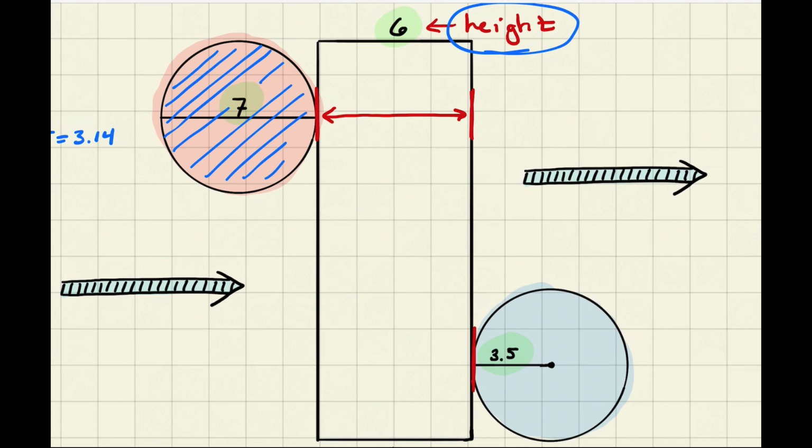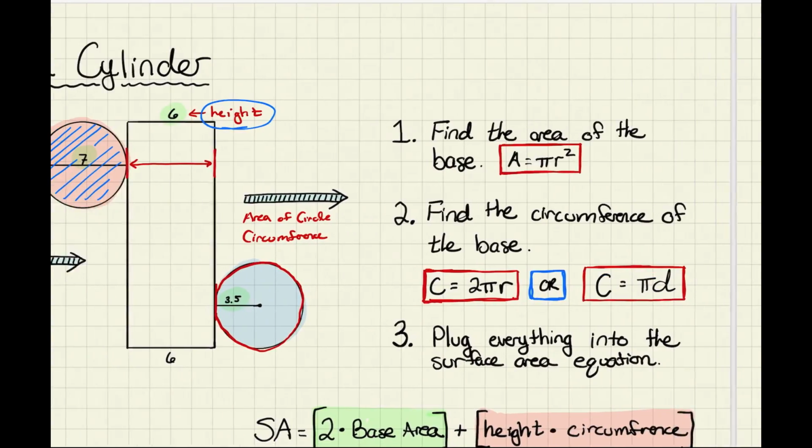We're going to need to visit the circumference of a circle. So what is the circumference of this circle? That's the distance around the outside edge. So two things we're going to be revisiting here will be area of a circle and circumference of a circle.